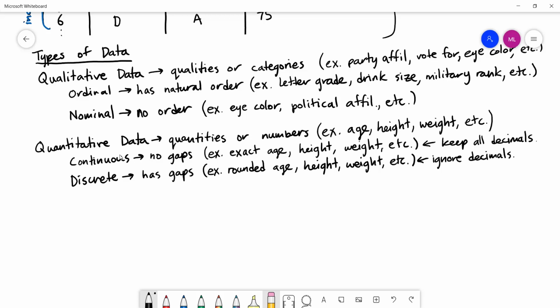There's gaps between the possible values, right? You go from 5'8" to 5'9" to 5'10". Most people don't include the extra half inches or decimals of how many inches in between those two heights are. Most people will just round up.